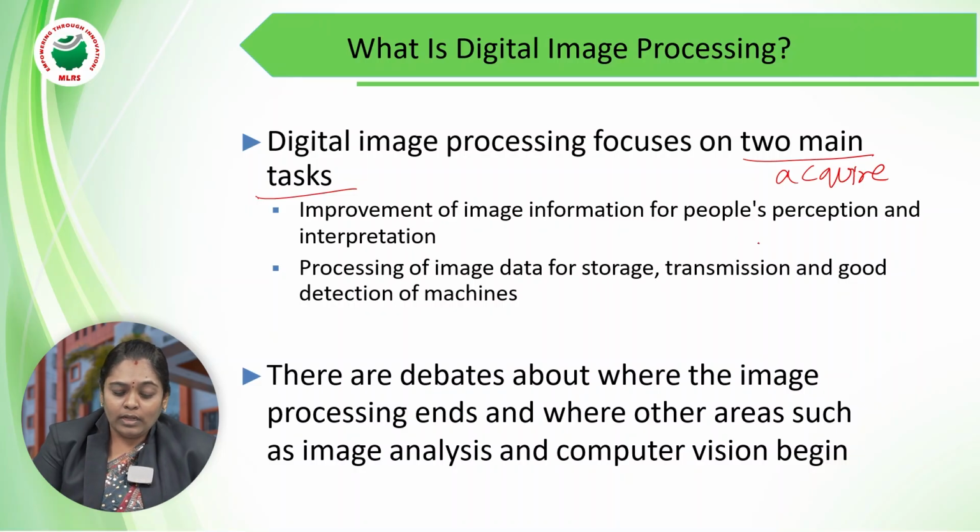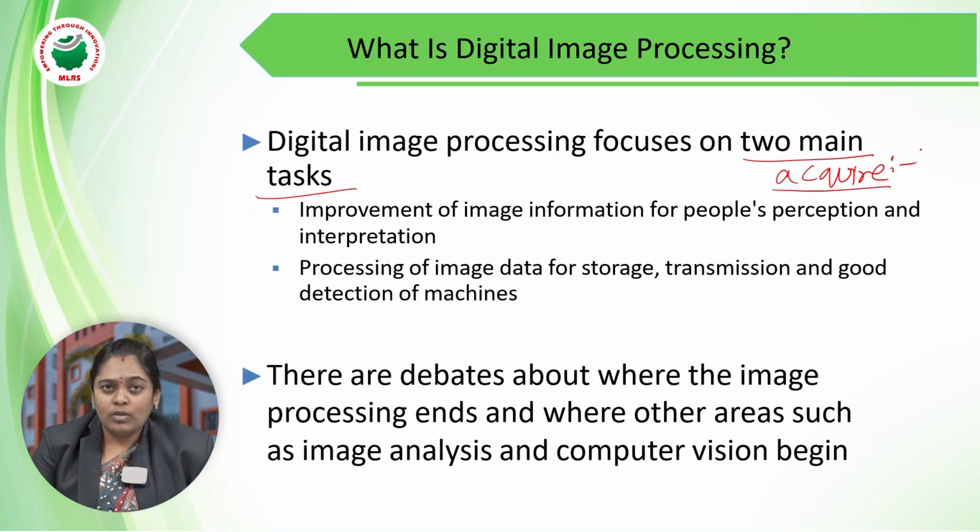The acquired image may not be up to the level; it may have some blurring effect or noise, and may not be very good. So if I want to improve the performance, after acquisition I need to perform pre-processing on that image.